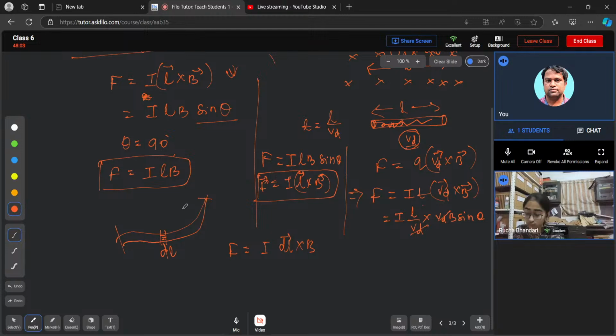Any arbitrary shape of full length L, so basically you have to integrate. Only integration of the length.